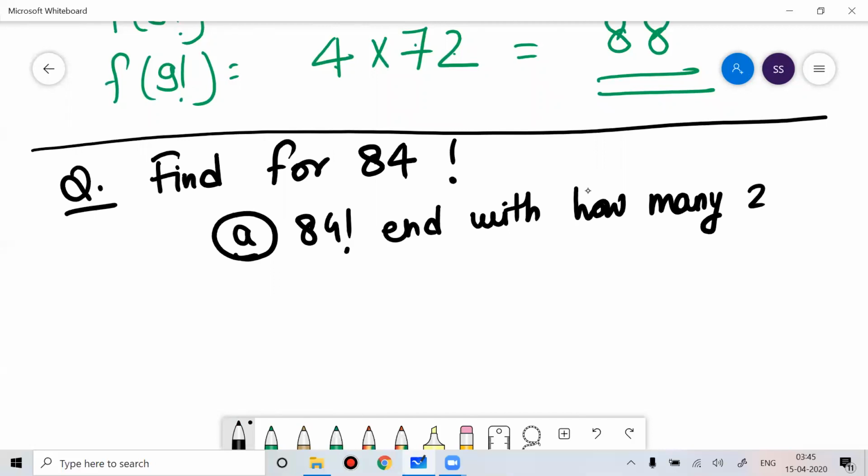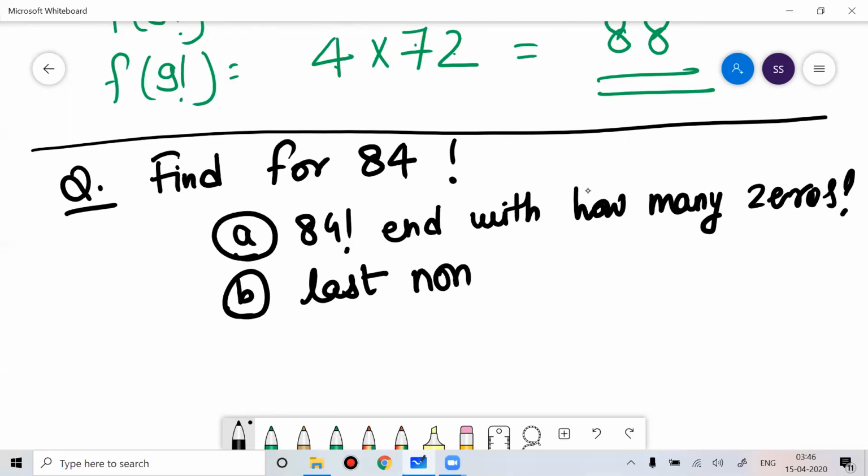Just a kind of revision for you. Those who don't know will learn. 84 factorial ends with how many zeros first. Then next, the last non-zero digit of 84 factorial.